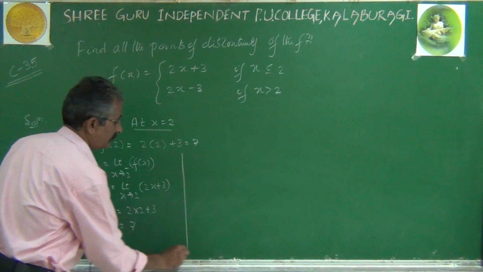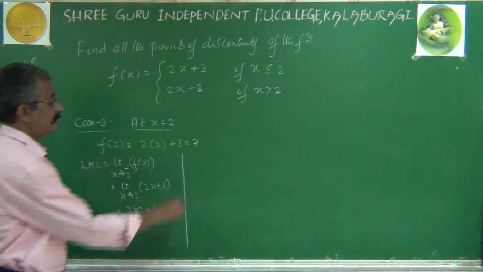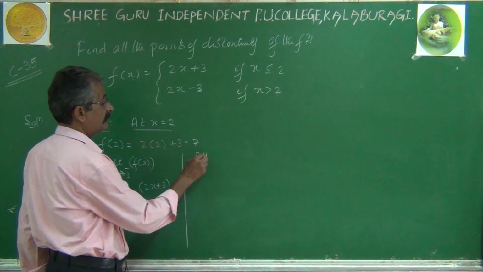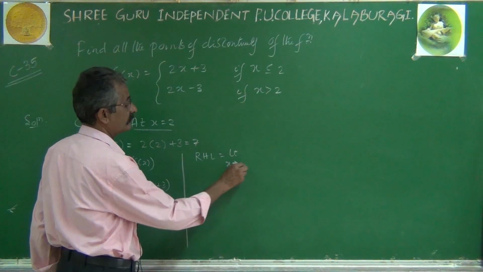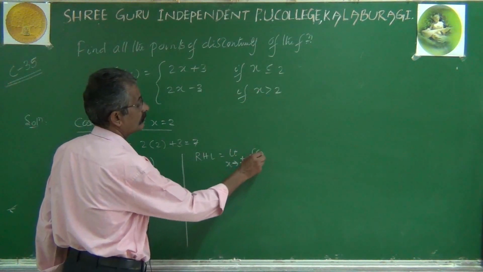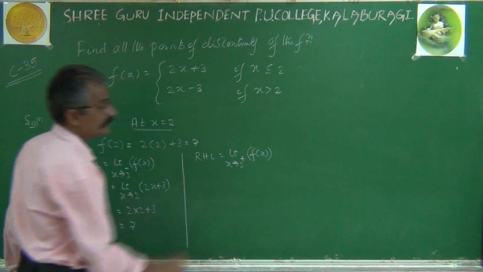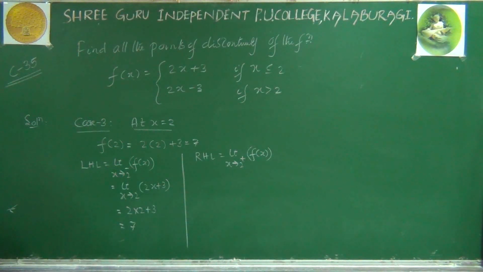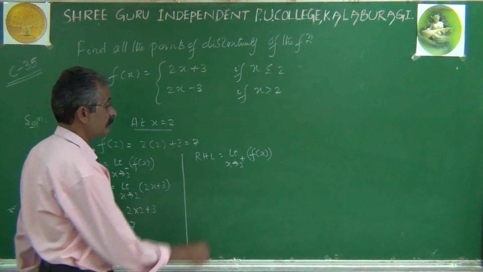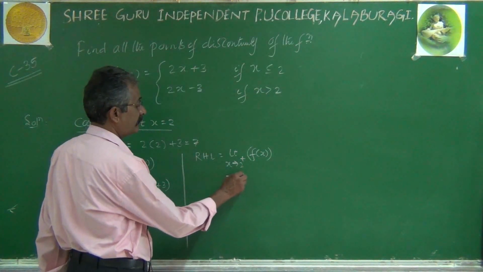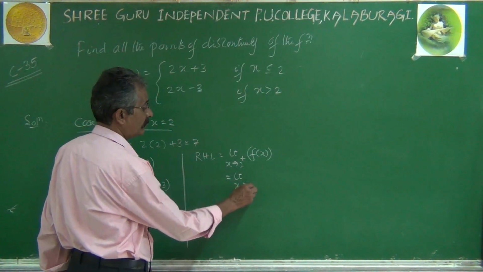Let us find the right hand limit. RHL equals limit x tending to 2 plus f(x). 2 plus means more than 2. When x is more than 2, the function is 2x minus 3. That is limit x tending to 2 of 2x minus 3.